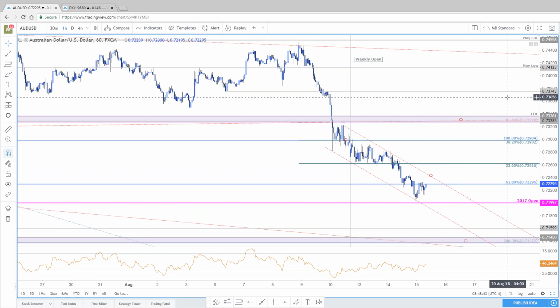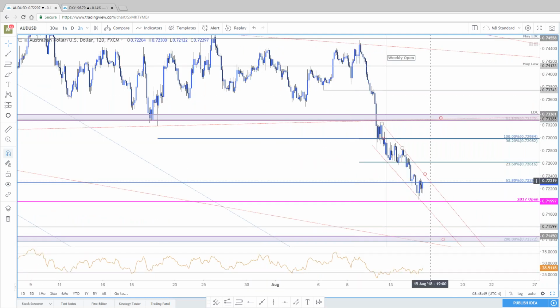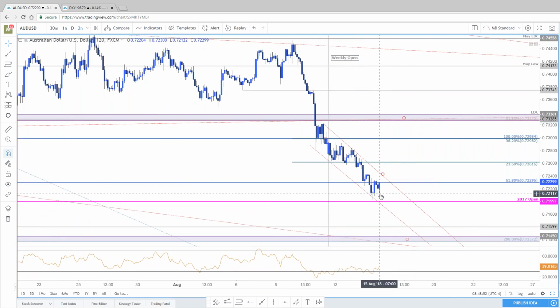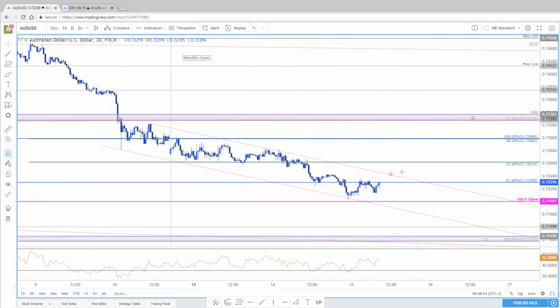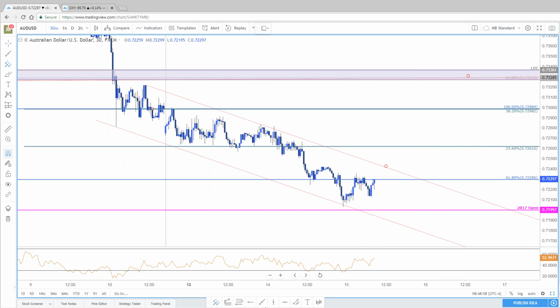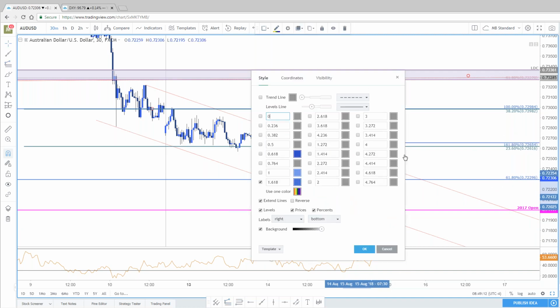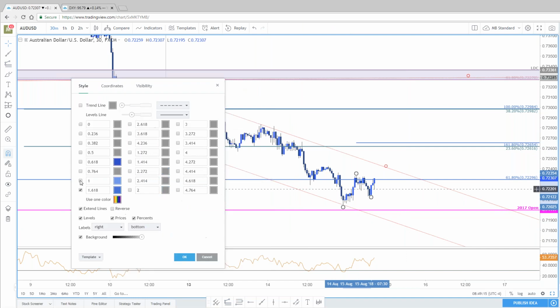Any question on Aussie? Dollar yen is actually really interesting for me. Here's dollar yen. You know what? Give me 2 seconds. Watch this. That's not what I'm trying to do. Bet you that 100 is going to be right there.